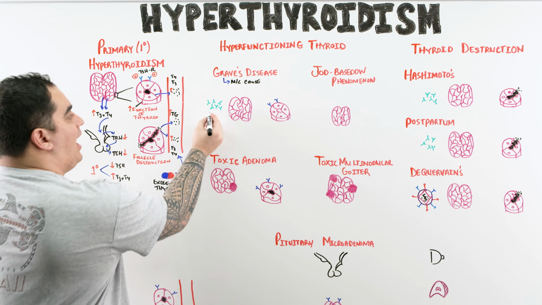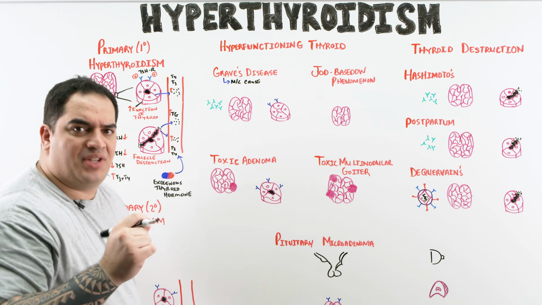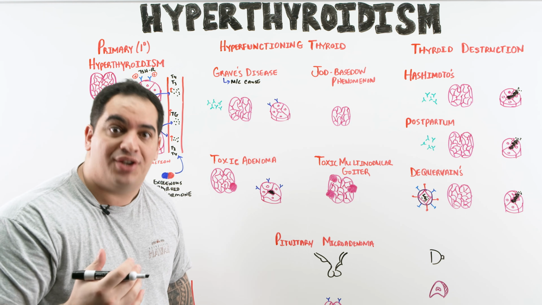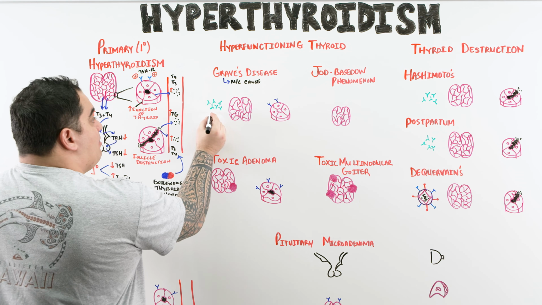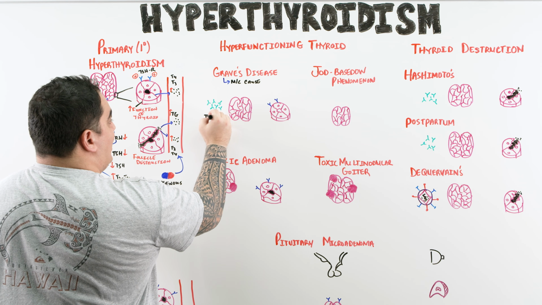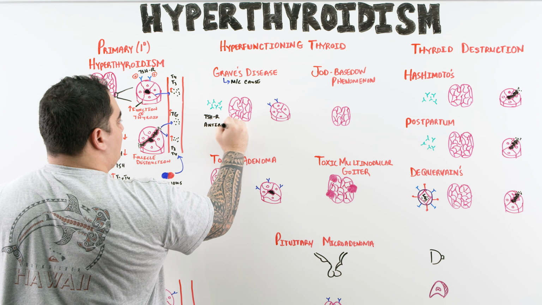What happens is your body produces these autoantibodies, right? Now, normally antibodies are produced against pathogens, but if you produce it against your own tissues, this is an example of an autoimmune disease. These antibodies are referred to as TSH receptor antibodies.